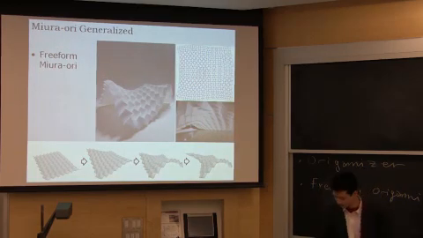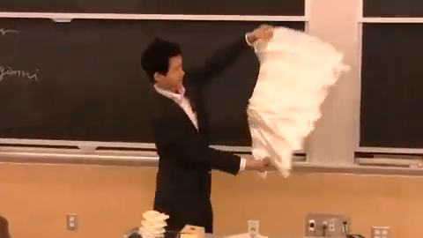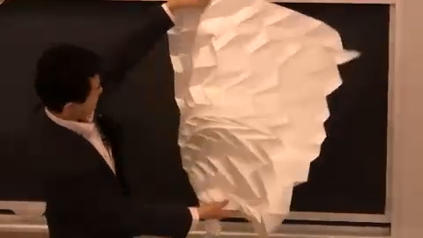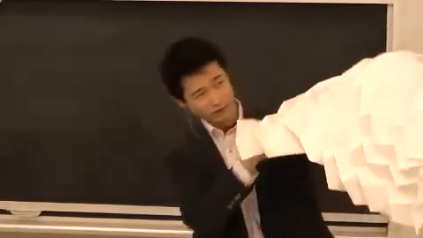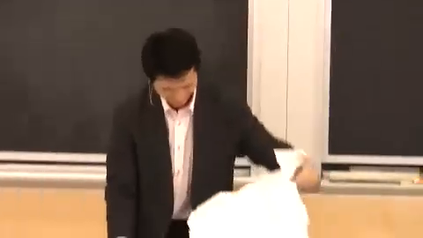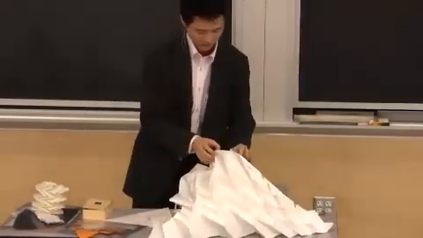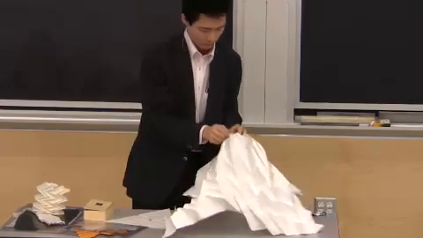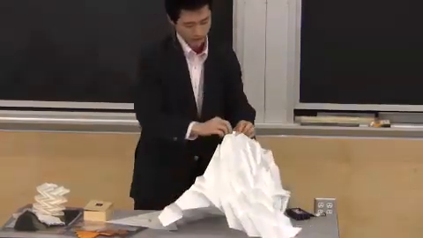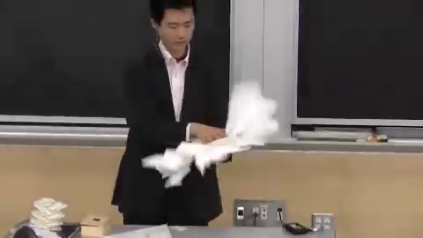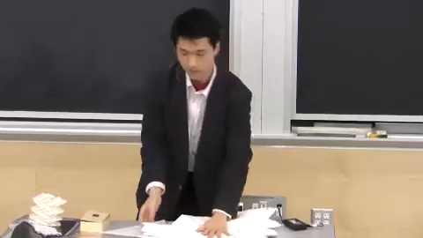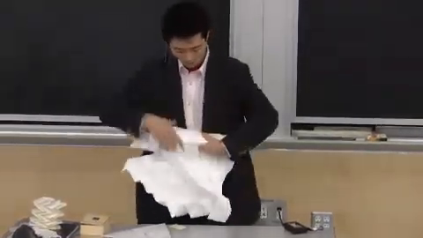So this is a variation of that, and this is another example. This model is called melting ice cream. The idea is that using a variation of Miura-ori, it forms a 3D surface that is irregular and asymmetric, while it can be folded flat, so that you can roll it up to carry.